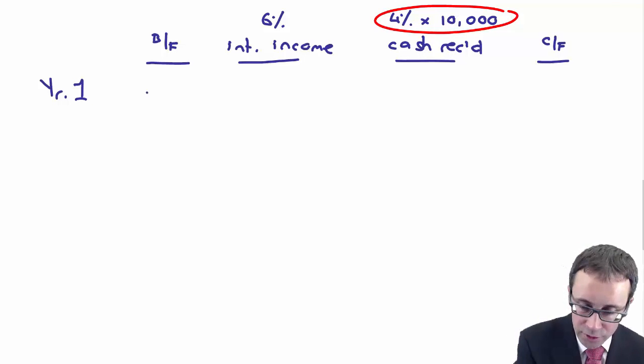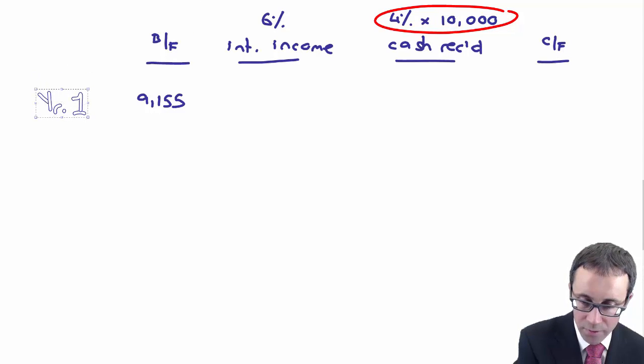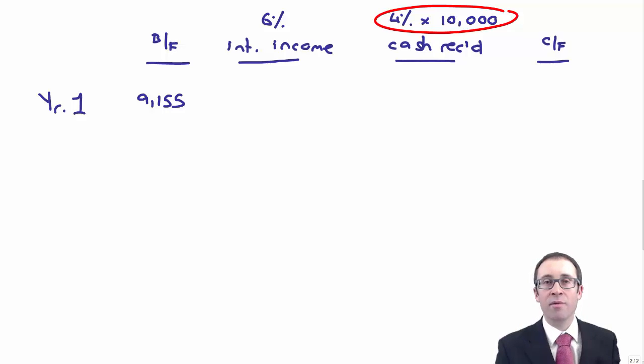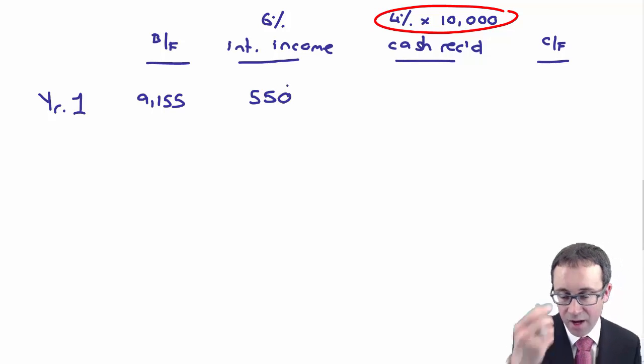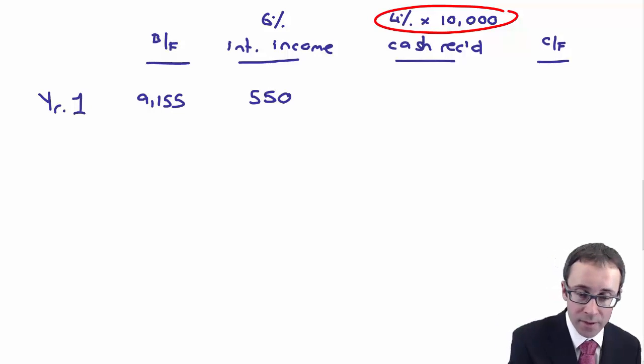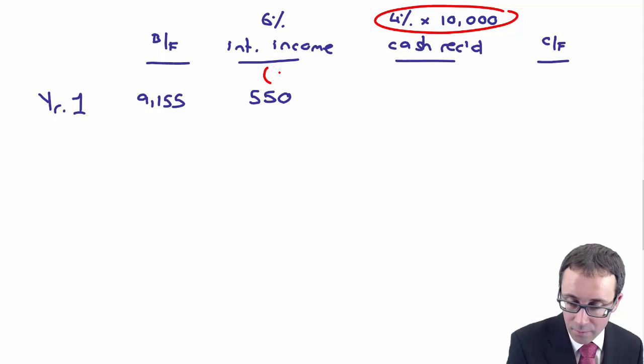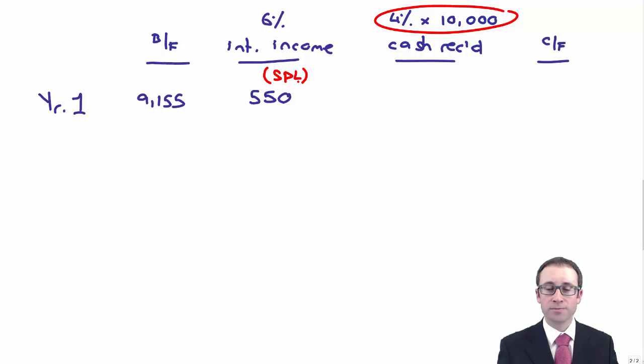Now let's go through and just see how the magic pieces itself together. So we start off, don't we, with the 9155. That's the value of my financial asset. If I charge 6% on the 9155, does that give me 550? That's the interest income. And that interest income will be taken to the statement of profit or loss.